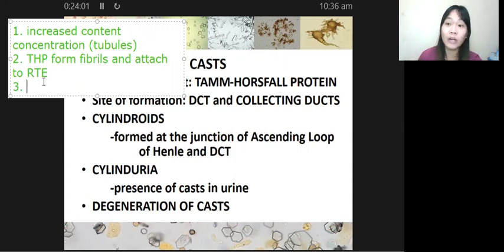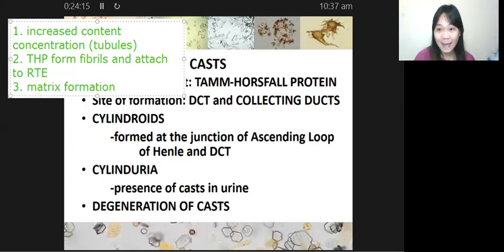This will now create a matrix. So, habang dumadami yung fibrils natin, magkakaroon ka ng matrix formation. Okay, so this will now form your matrix.